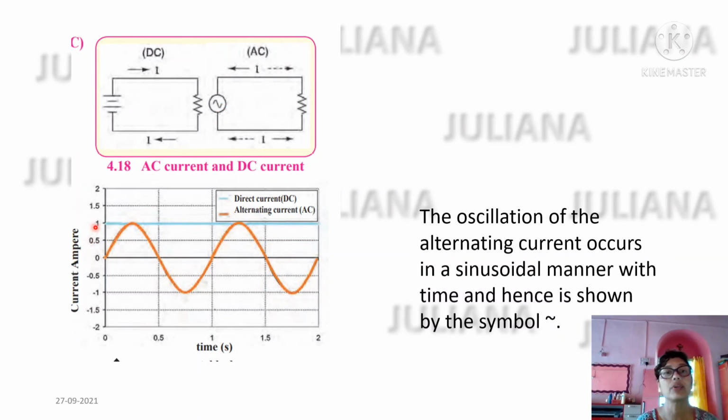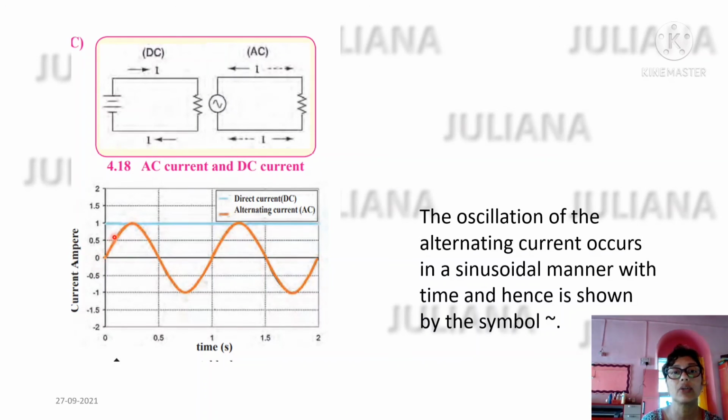Now if you draw a graph, you will find for every minute or every half a minute, for DC current, the current is giving you a straight line. The current is non-oscillatory. It is the same throughout. On the other hand, what is happening to AC current?